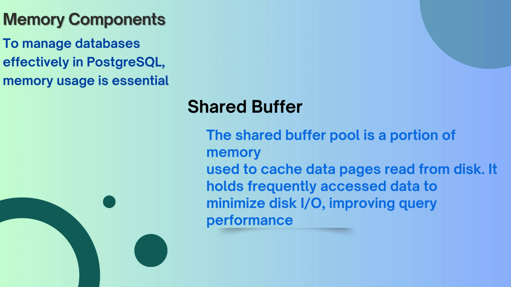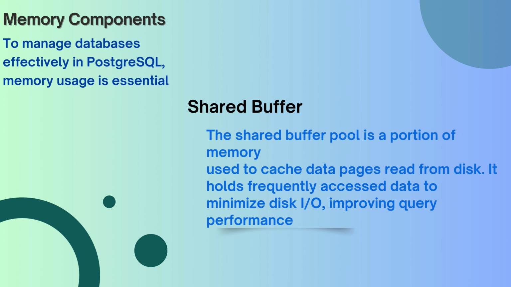Shared buffers are a section of memory used by PostgreSQL to store frequently accessed data. By keeping this data in memory, PostgreSQL can access it quickly without needing to read from the disk, speeding up the query performance.